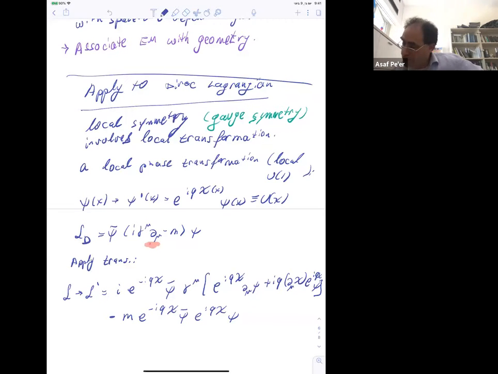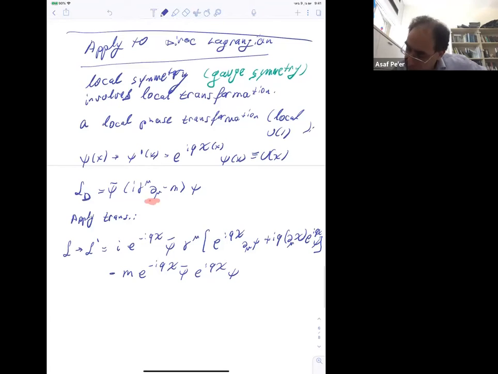So I have the original Lagrangian, but now I have this extra term, which originates from the derivative of χ. It would be minus, because i times i gives a minus, so minus q psi bar gamma^μ ∂_μ χ psi.